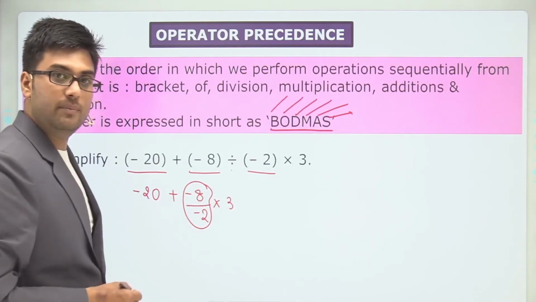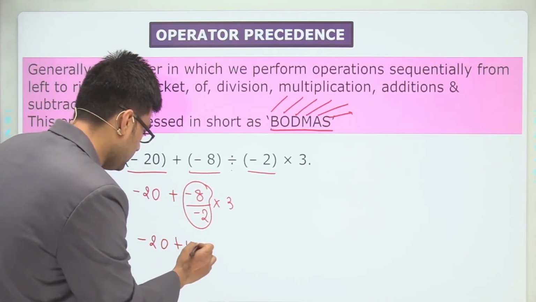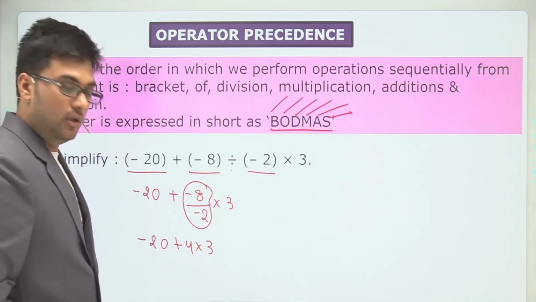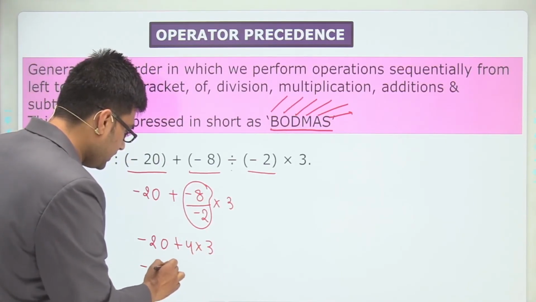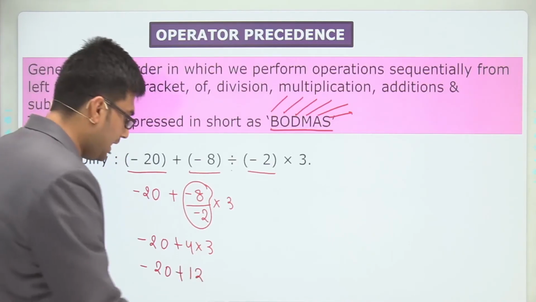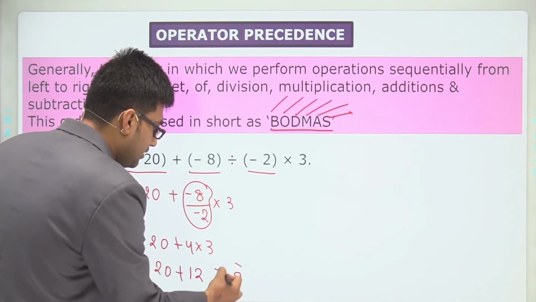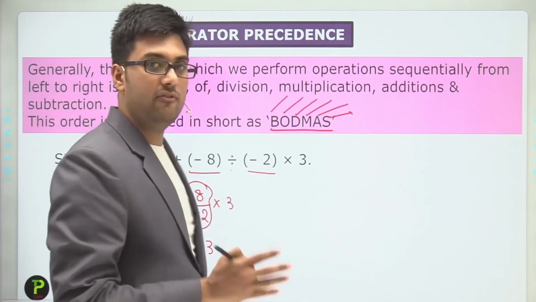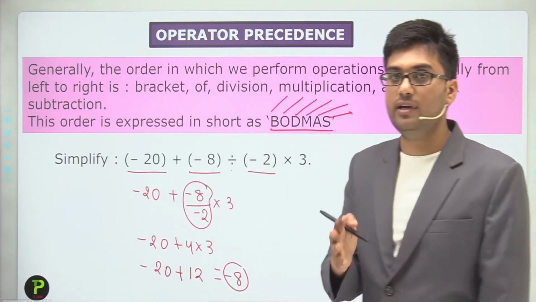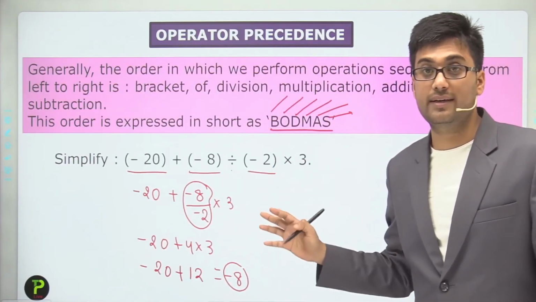So 8 divided by 2 is 4. So minus 20 plus 4 multiplied by 3. 4 multiplied by 3 is 12. And minus 20 plus 12 is what? Minus 8. So this is the simplified value of this expression. And if we do not follow the BODMAS rule, then we will get an incorrect answer.